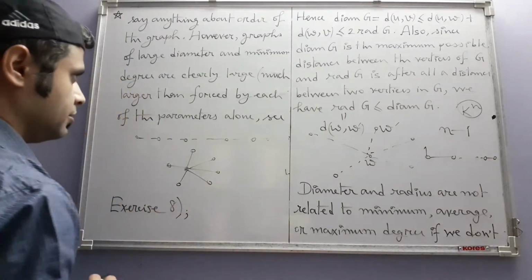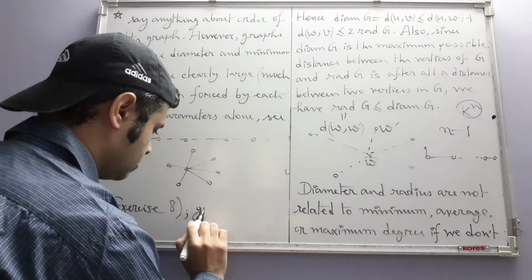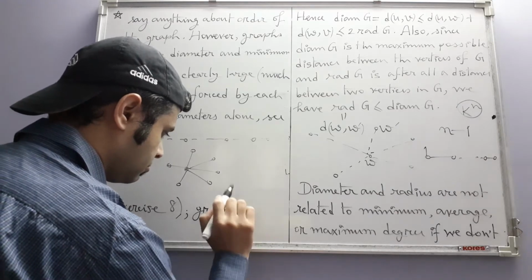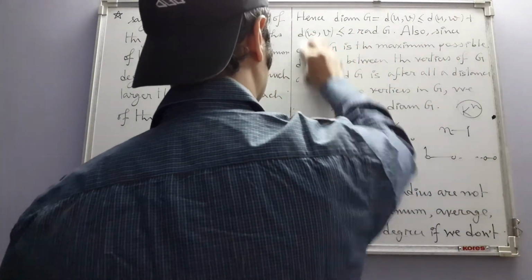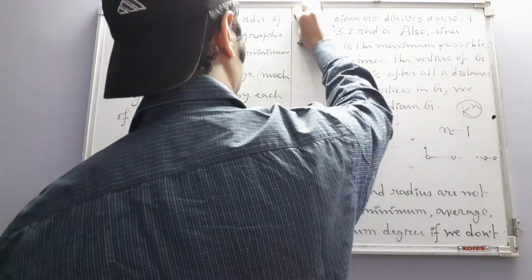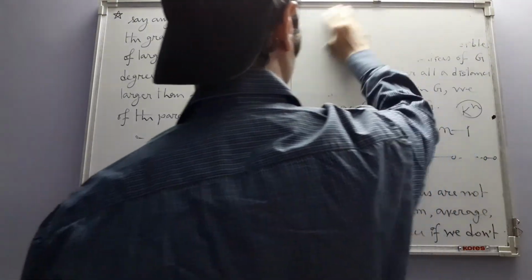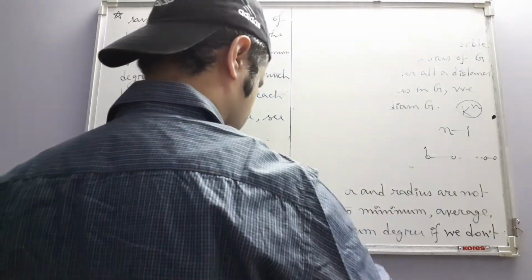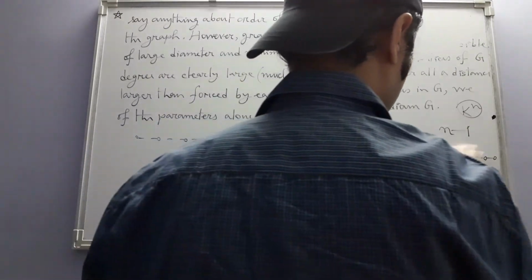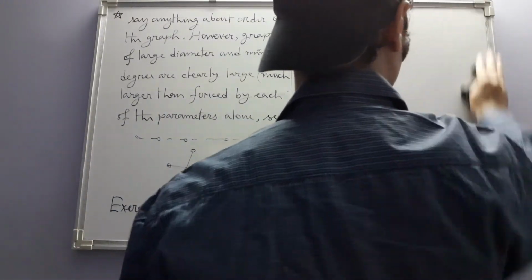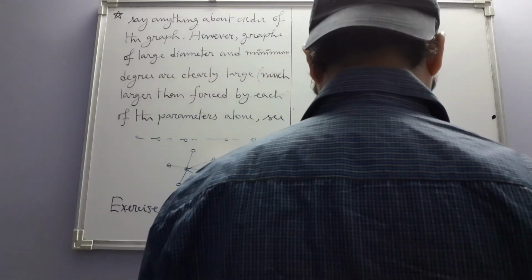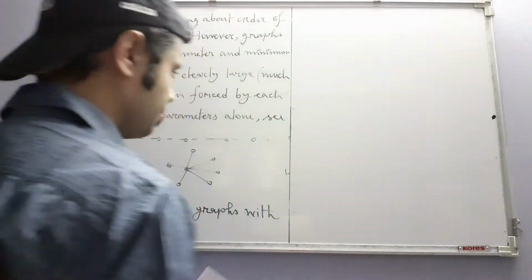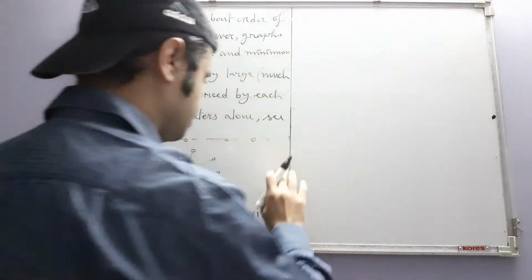On the other hand, graphs with small diameter and small maximum degree are small.